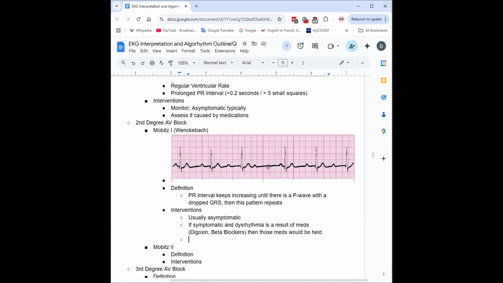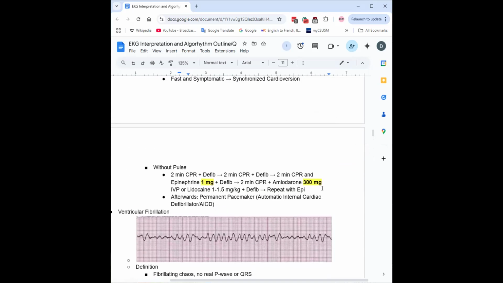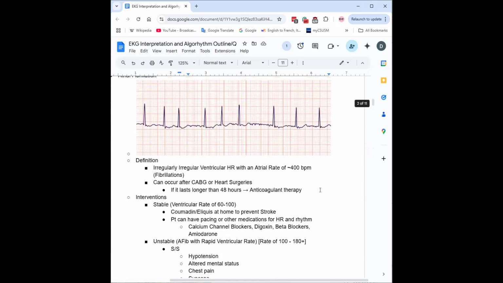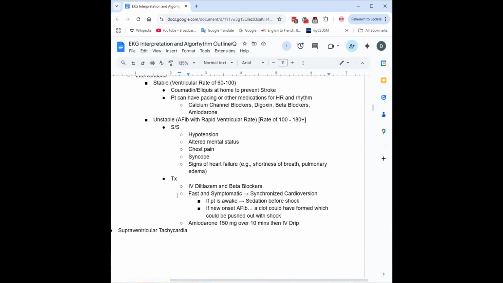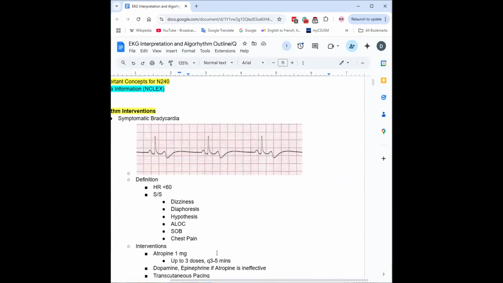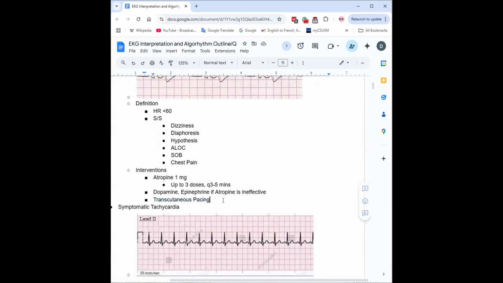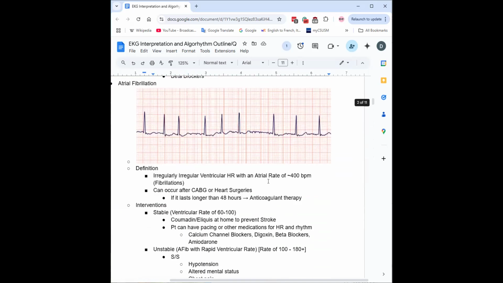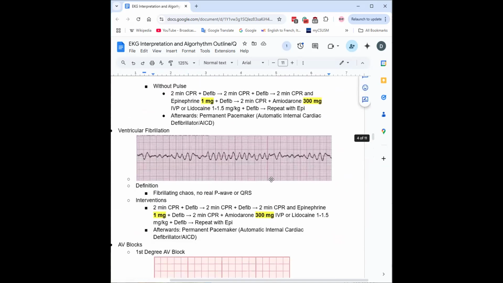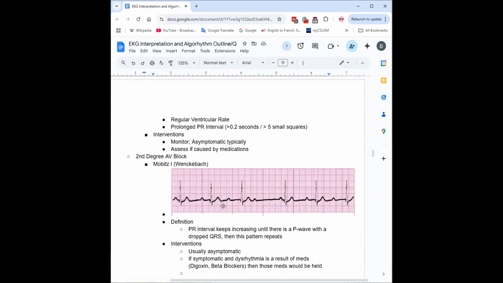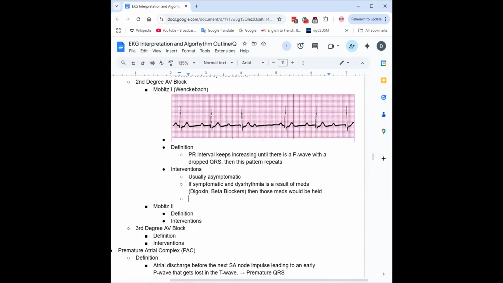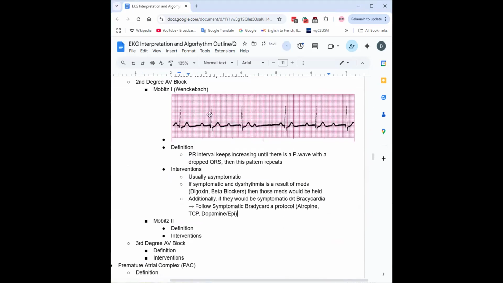Yes, you can have bradycardia from the dropped QRSs, in which case you go back up and incorporate your bradycardia protocol. That includes atropine, transcutaneous pacing, and whatnot. If they're pretty consistent on that, they might have to have a pacemaker, but that's if it's symptomatic. We'll include this here.